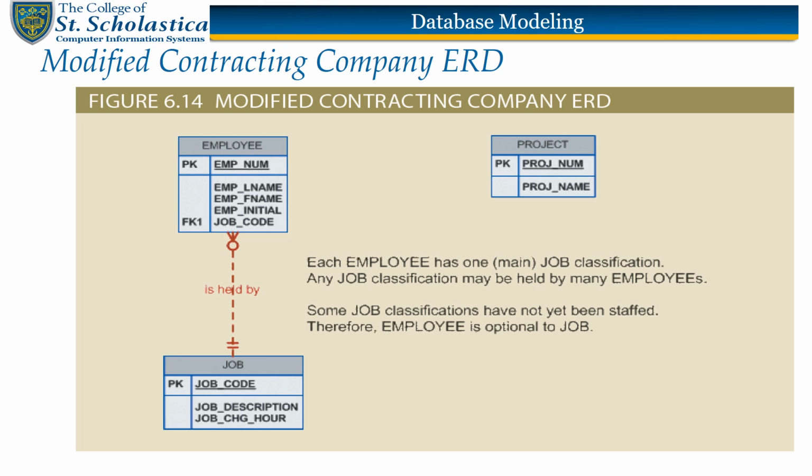The removal of employee's transitive dependency yields three entities: project, with project_num and project_name; employee, with employee_num, employee_last_name, employee_first_name, employee_initial, and job_code; and job, with job_code, job_description, and job_charge_hour. Because the normalization process yields an additional entity, job, the initial ERD is modified as shown in figure 6.14.